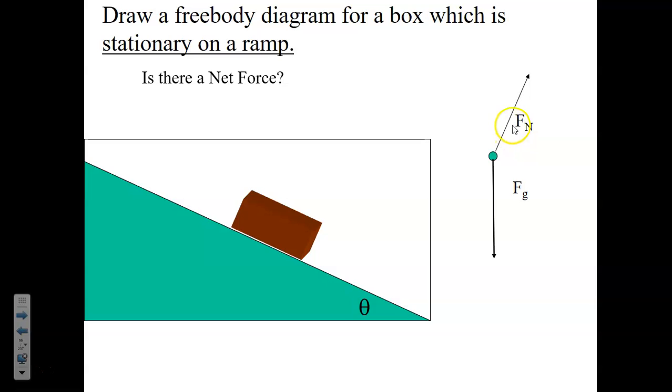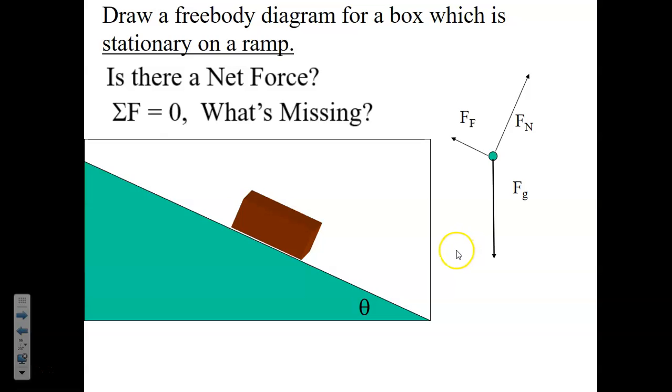We've got the normal force, and notice that the normal force is perpendicular to the slope. If it's stationary, there's got to be another force to help cancel this out. What's my missing force? What's preventing it from sliding down the slope? Friction. That is right. So we've got a force of friction acting up and to the left.